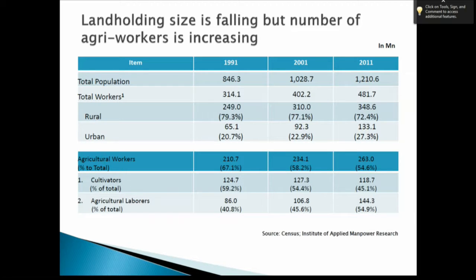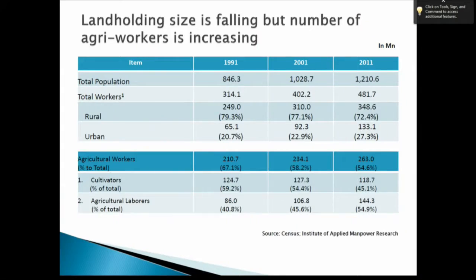Now, if we look at agricultural workers, census gives us a number of 263 million people in agriculture in 2011. As a percentage of total workers, it's about 55%. Now, if we look at cultivators and agricultural laborers, let me give you a definition as to how we define cultivators: it is basically if you own land.